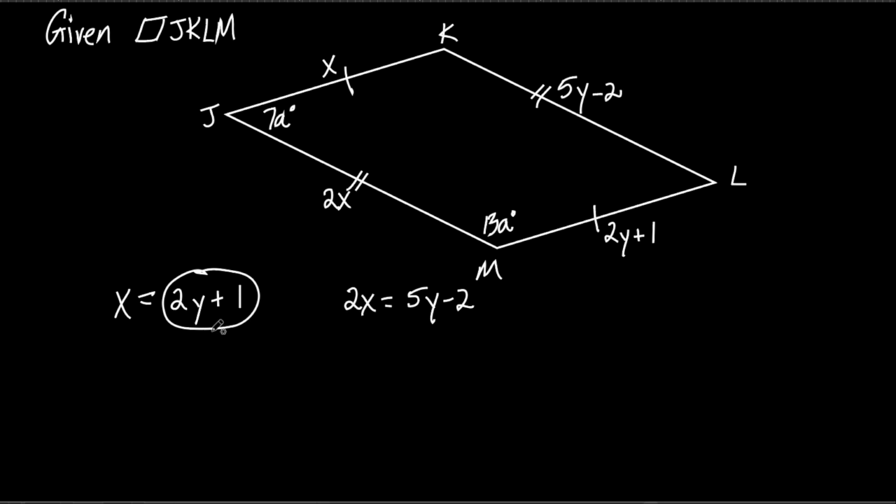Yeah, it's not really combine, but I'm going to replace it. Everybody see what I'm doing? So if x is 2y plus 1, why not come over here and instead of putting x, what can I put in place of it? A 2y plus 1. Why can I put a 2y plus 1 in for this x? Because x is equal to 2y plus 1.